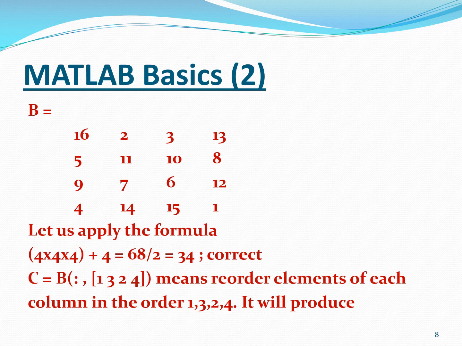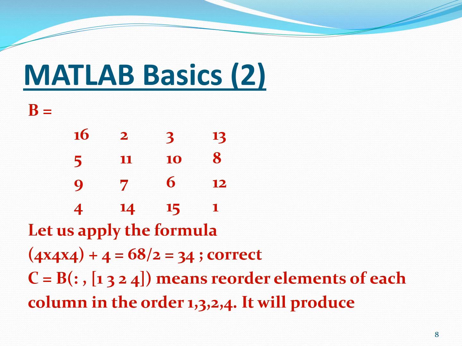Now let's apply the formula. It is 4 multiplied by 4 multiplied by 4 plus 4, that is n cubed plus n, equal to 68 divided by 2, that is 34. Okay, and now if you sum up any line, or you can say any row, it will come out to be 34.